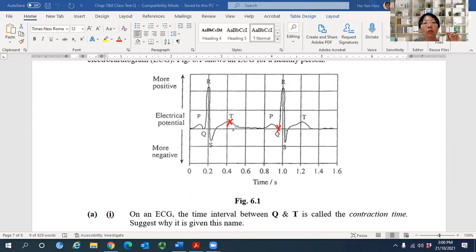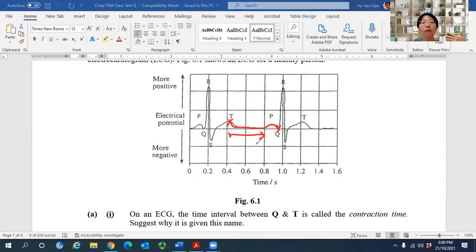Why? Because when the ventricle relaxes, two things will happen. The atrium also relaxes, right? So the blood is actually flowing into the atrium. From this point to this point, the blood is flowing from the two veins into the atria.